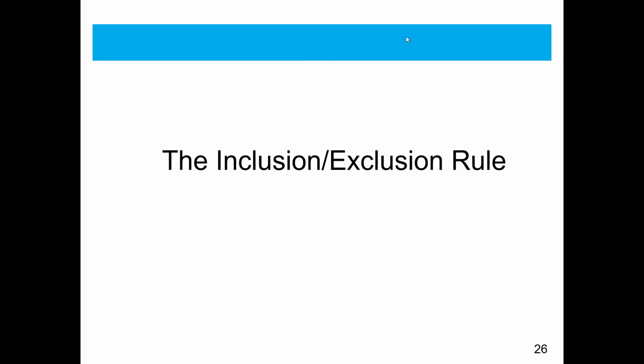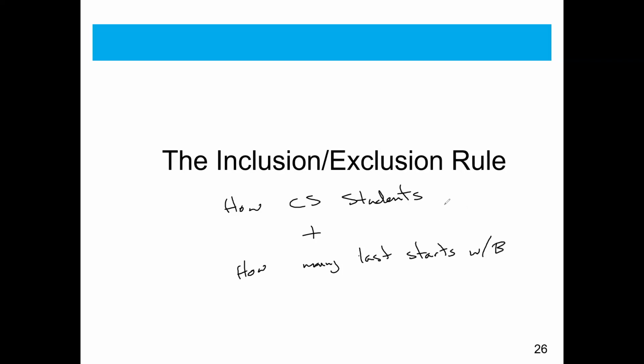Well, I can count that, and I'm going to illustrate this before I move on. I can literally count out how many CS students, and I could take that and add how many have a last name that starts with B. But the problem with these things is there are students who overlap in both groups.